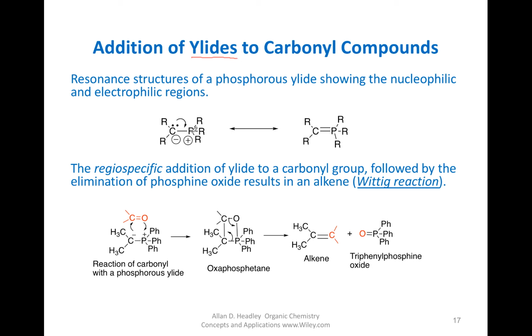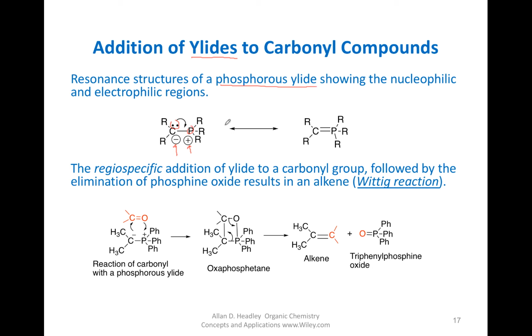So if it's bonded to the heteroatom here, phosphorus, and here's a carbon, the carbon has a negative charge, as you can see here, and the phosphorus has a positive charge, and that's called a ylide. To be more specific, it's called a phosphorus ylide because of the presence of the phosphorus.